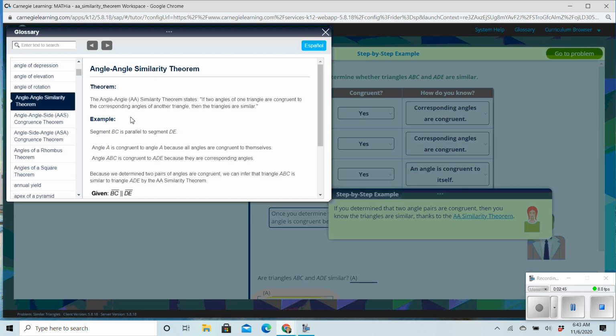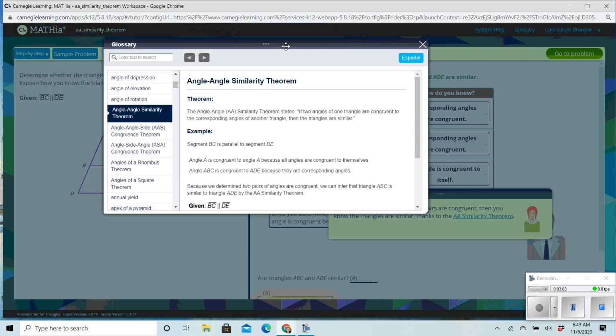So I'm just going to pull this up so you have an idea, again, of what this means. Basically, the theorem states that if two angles of one triangle are congruent to the corresponding angles of another triangle, then the triangles are similar. It's taking everything that we've learned about triangles so far.